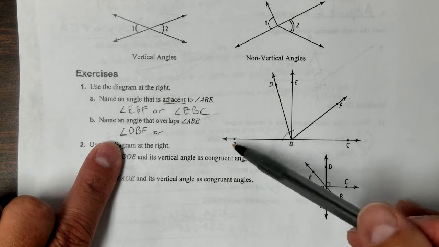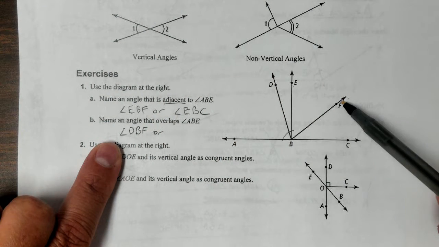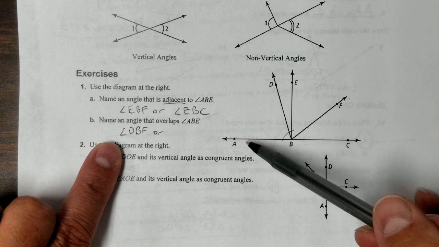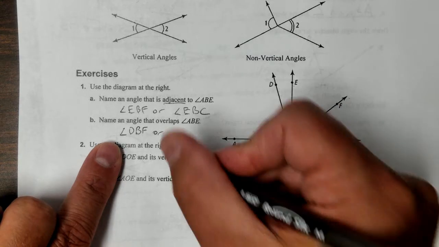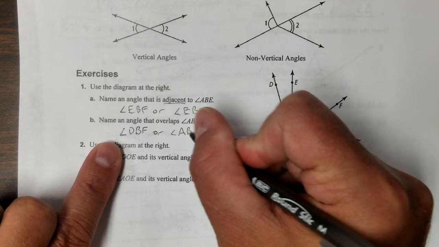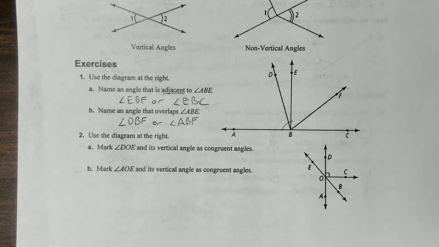Another example would be ABF, because if you have ABE, then ABF would overlap. So either of those work. Any questions? Okay.